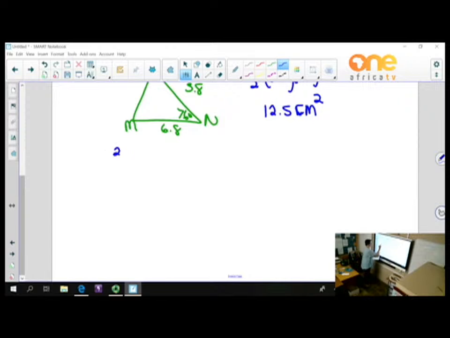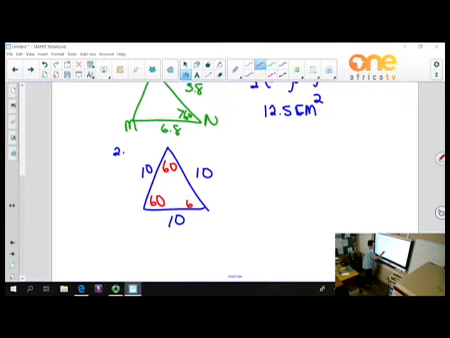The next one is number 2. Find the area of an equilateral triangle. Again, I'm drawing the picture. 10 centimeters. What do we know about the angles of an equilateral triangle? We know that they are all 60 degrees.